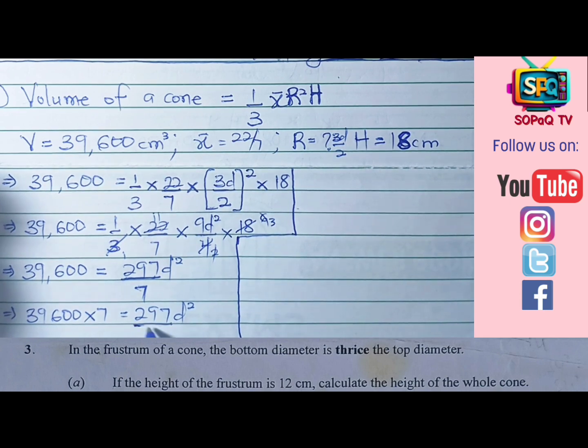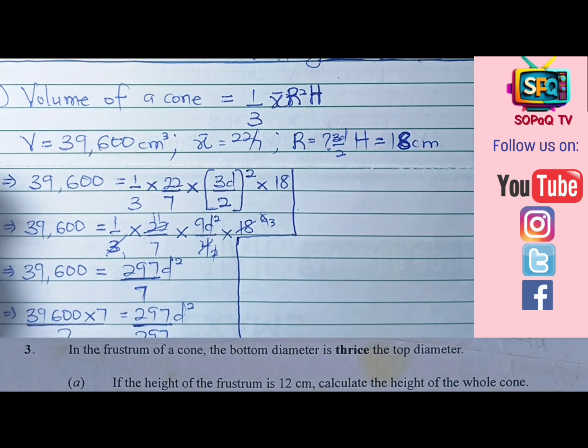When we divide both sides by 297, 297 will take care of this.